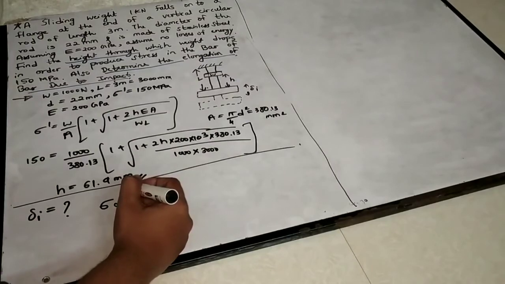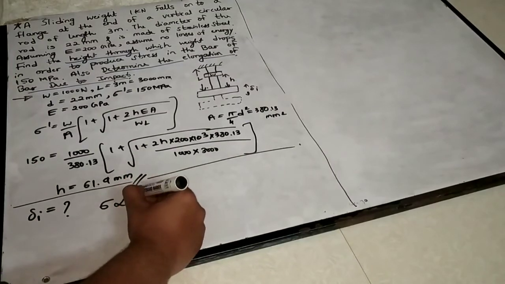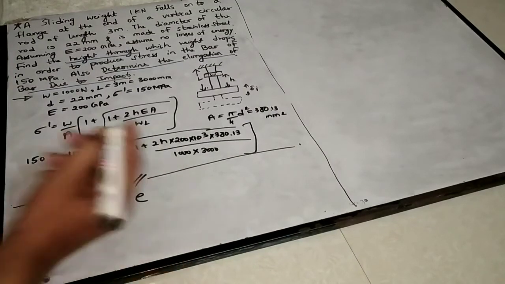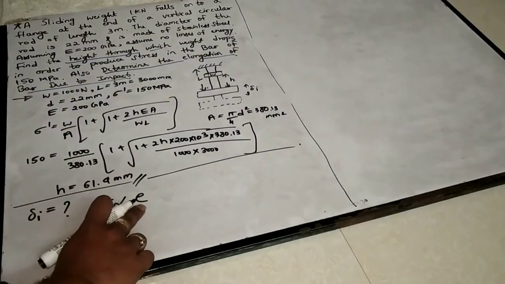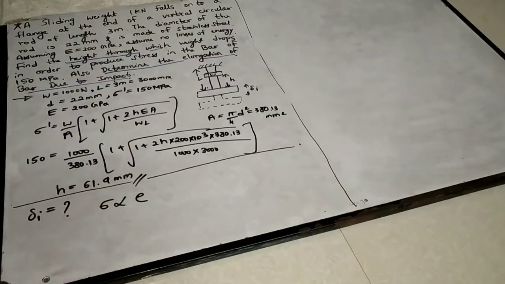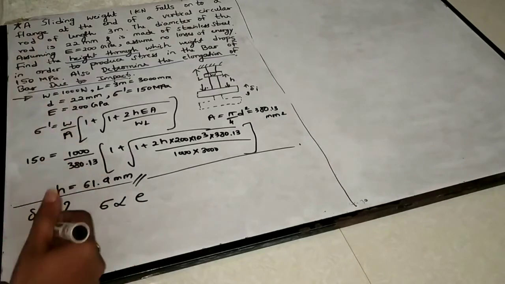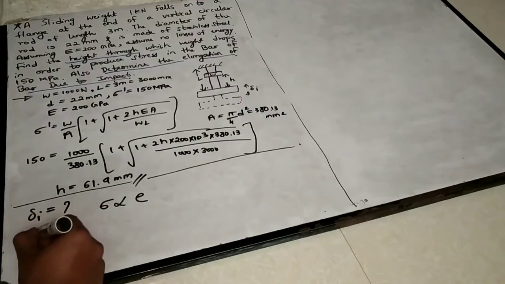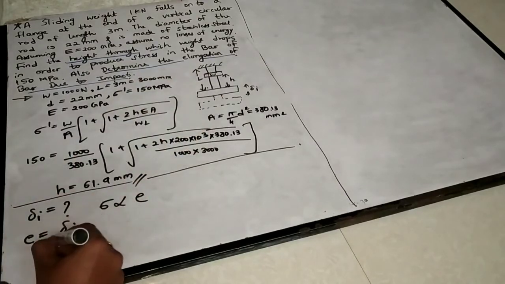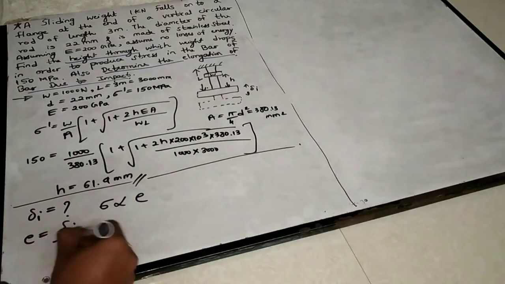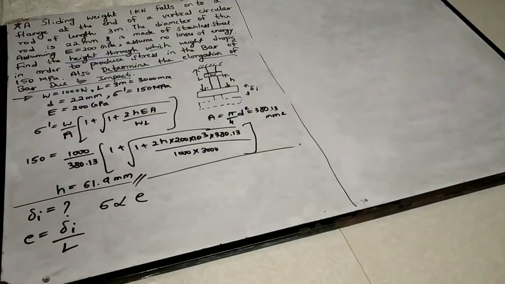Let me write symbol E. It is directly proportional to strain. What is strain? Strain is change in length or deflection, delta I by L. This is your strain. Alright.